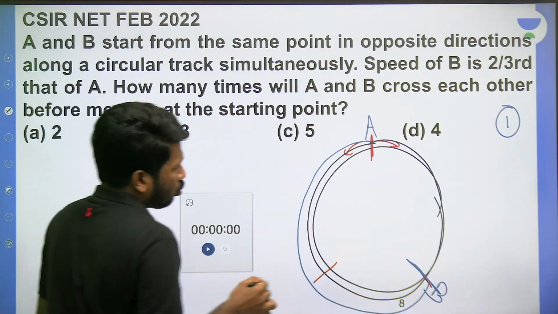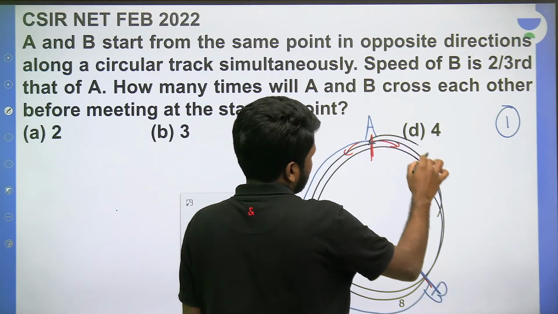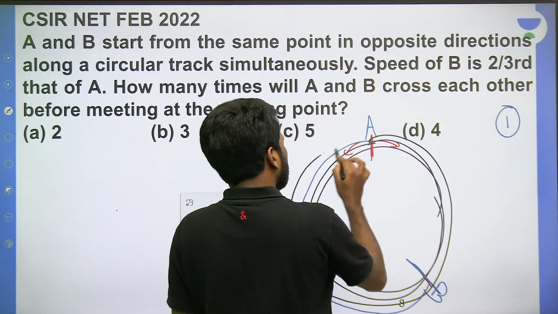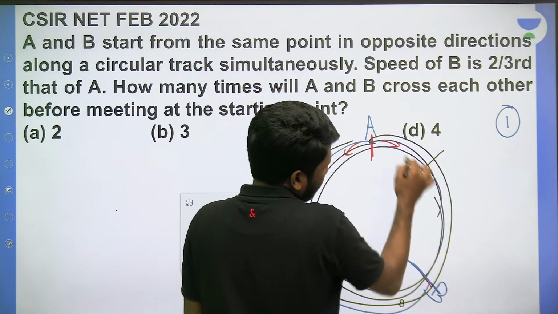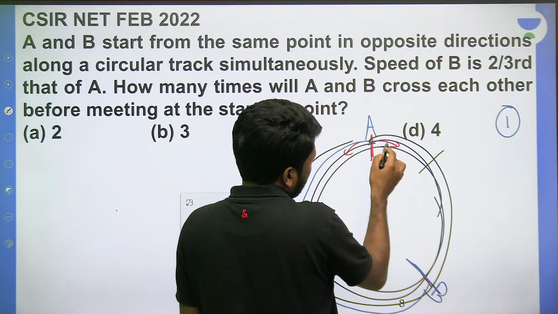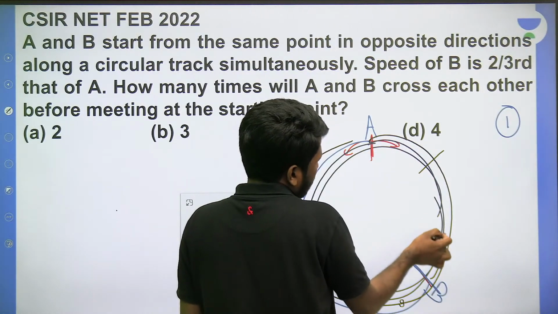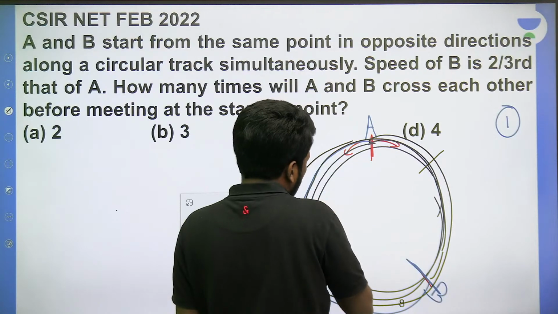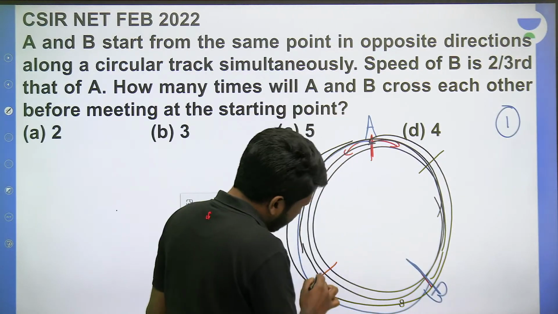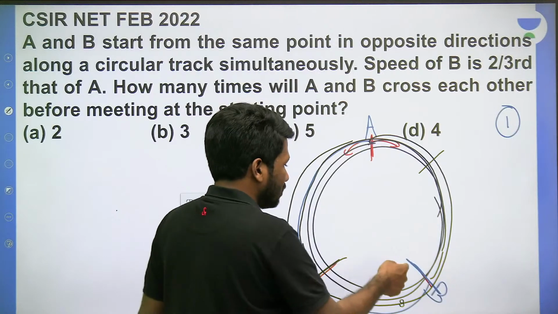Now round number 2, A का second round. A is traveling this direction, second round. So definitely A and B will meet somewhere here. And then what will happen? A and B will be traveling from here to here to here to here. So 2 times they will be meeting, na? 2/3 of the circle B will cover.